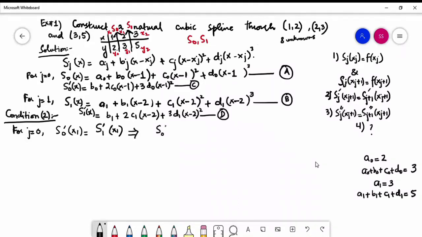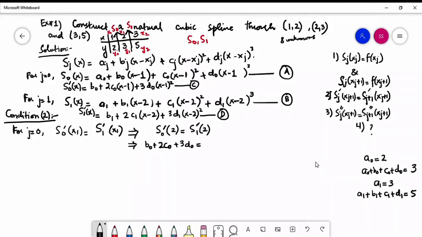X1 point is 2. Now I can compare here. The left hand side can be extracted from equation C: if I replace x with 2, this becomes B naught plus 2c naught (2 minus 1) and 3d naught (2 minus 1) square. So the coefficient will be 1. 3d naught is equal to S1 dash of 2.